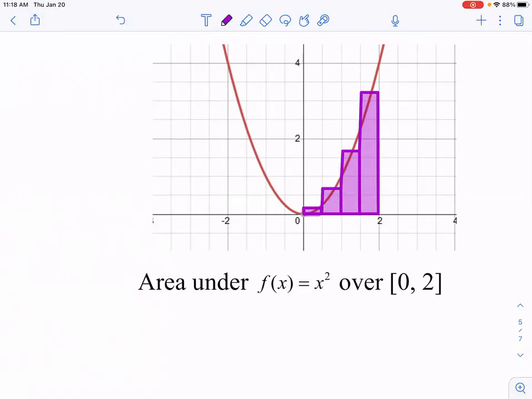Now, the midpoint, kind of annoying. There's a little bit more thinking involved because we have to get that first midpoint. But same as all of the other examples we've done, our rectangles are delta x in width. So our midpoints are going to be delta x apart.